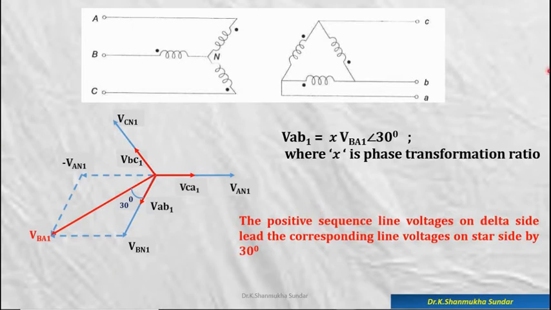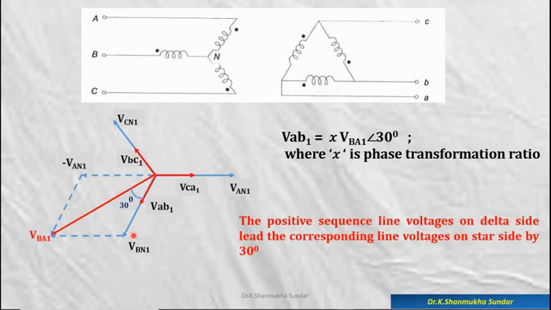Now this is case 3 that we are analyzing. It is excited with positive sequence voltages, only the labeling of terminals on delta side has been changed. So when the labeling of terminals has been changed, what will be the effect? Case 3 and case 1 are similar, both are excited with positive sequence voltages, the only difference is the labeling on the secondary side is different.